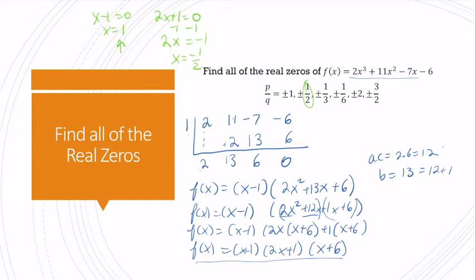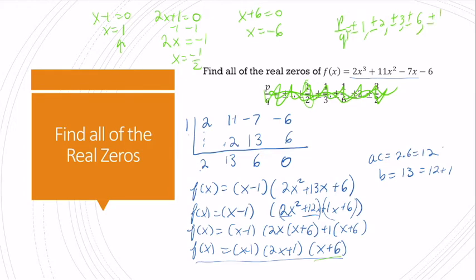Then I have x plus 6 equals 0. So I have x equals negative 6, which is, this is a typo. This is in our list of possible zeros. Our possible zeros were, if you look back at the previous slide, positive or negative 1/2, 1, 2, 3, 6, and positive or negative 3/2.